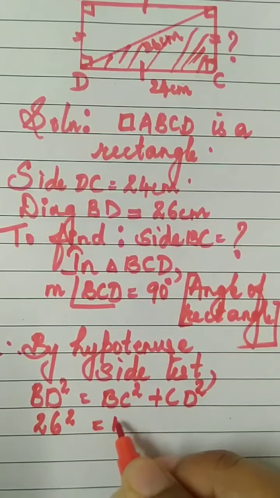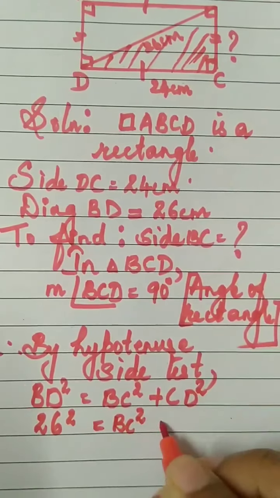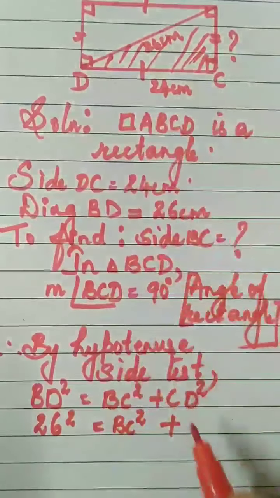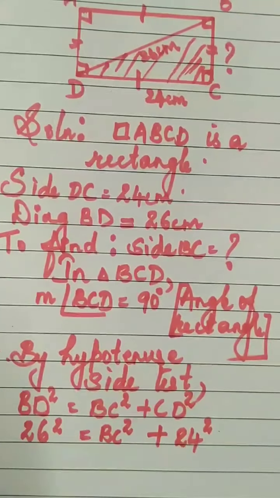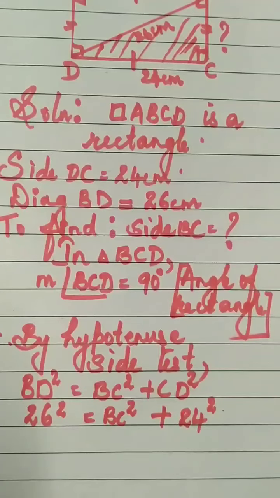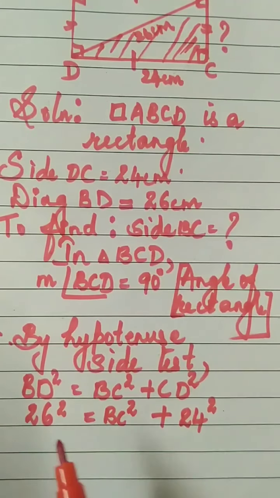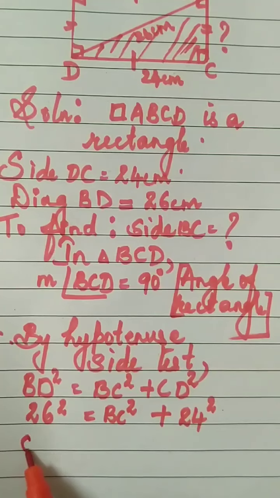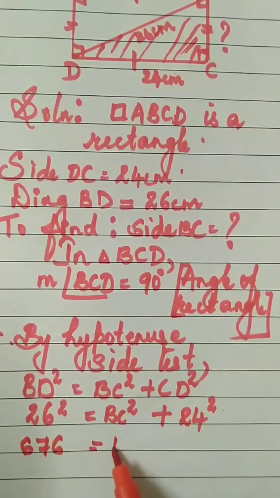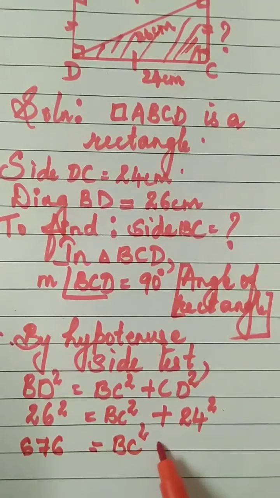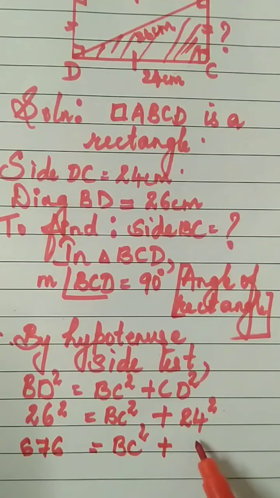So write BC square as it is, plus CD we know, 24 square. Now 26 square is equal to how much? 26 square is 676. Multiply and check. Is equal to BC square plus 24 square will be 576.